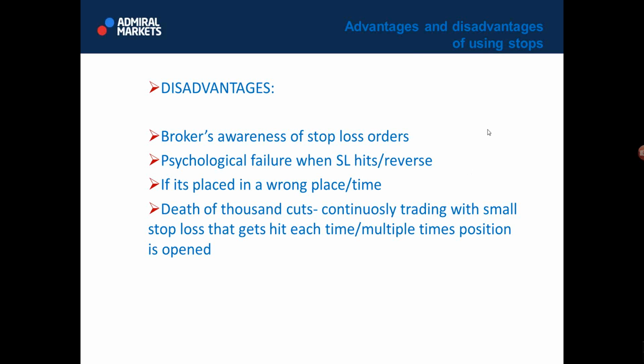If you don't do that properly, you may get stopped out very frequently, and you might get some psychological problems with that, because even though you know that you're right, if you're stopped too many times, it can affect your psychology.